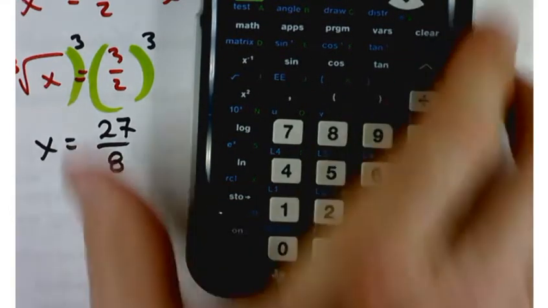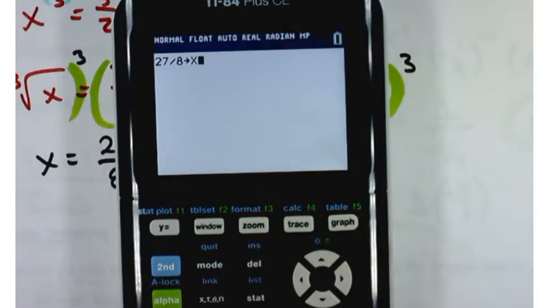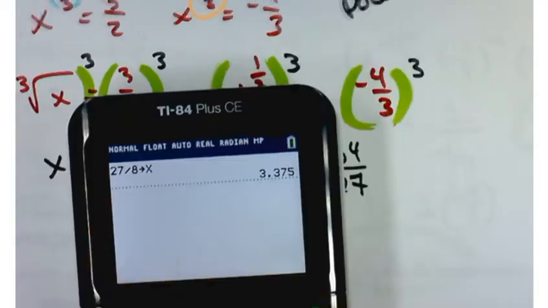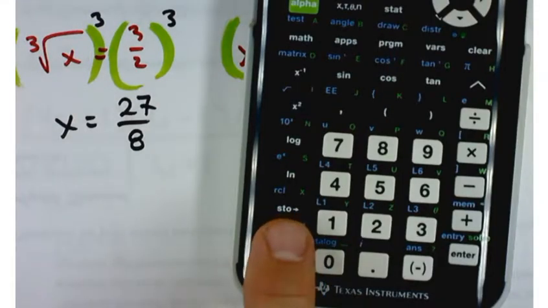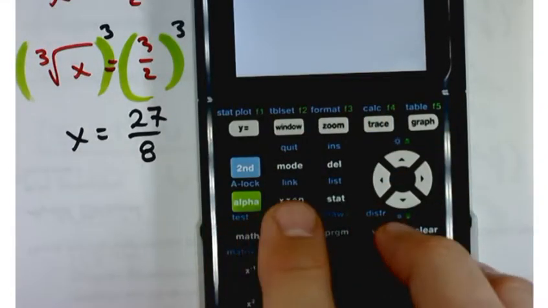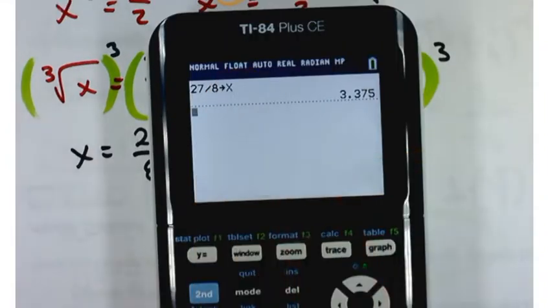Store that in X. So store it in X, which is right here next to the second button. And you should get something like this. 27 divided by 8, store into X, and then press enter and it'll give you a decimal value.